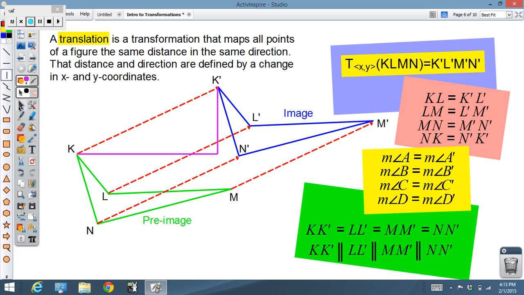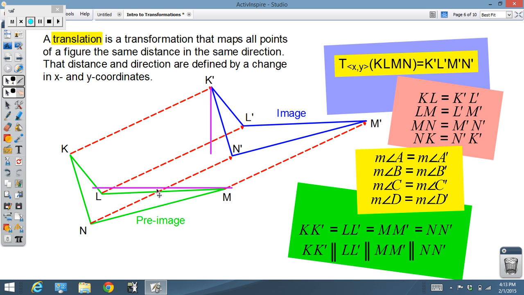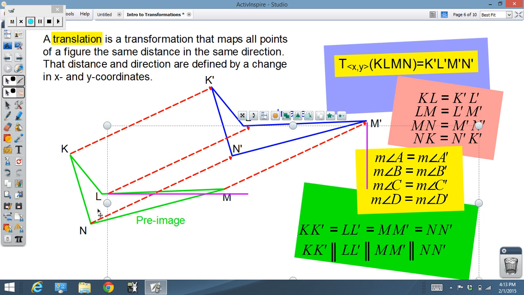Now, I want you to notice that the same thing is going to happen from L. Move over by that much, up by the same amount to get from L to L prime. Same thing's going to happen for M to M prime.